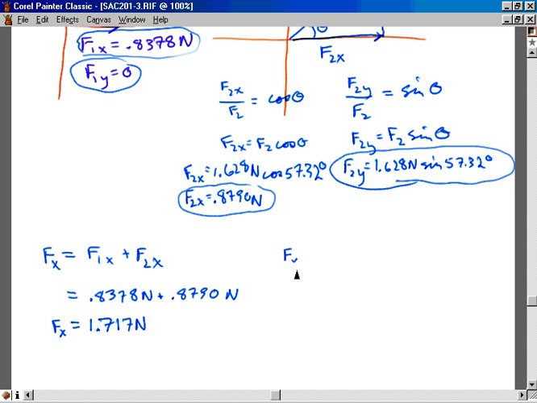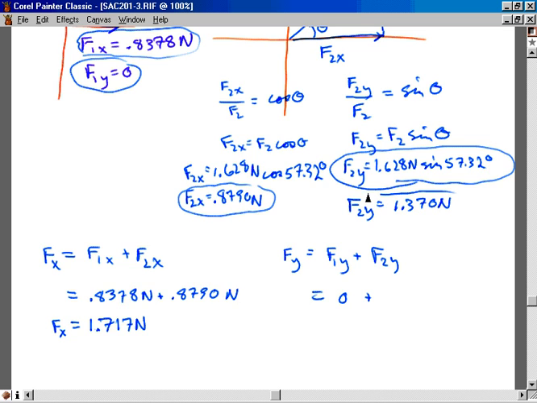Then the y component, F1y plus F2y, that's 0 plus, looks like I never finished evaluating that. F2y is actually 1.370 newtons.